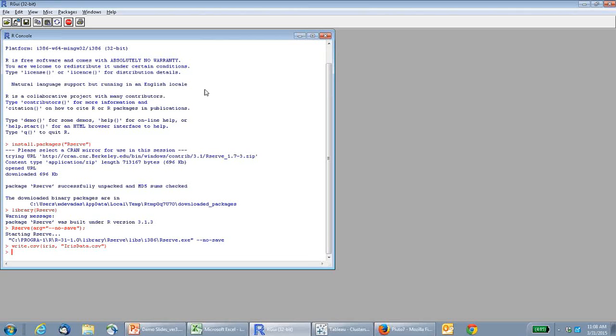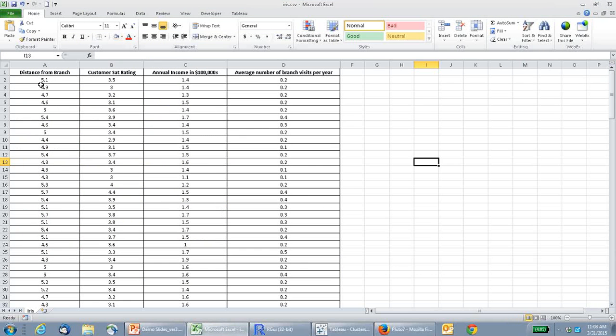So here is the R console, wherein we have enabled R, and we have downloaded some basic sample data. The sample data in this case is related to the four dimensions that I mentioned earlier, which is the distance from branch, customer sat rating, annual income, and the number of branch visits.